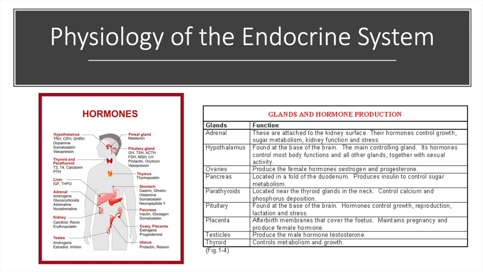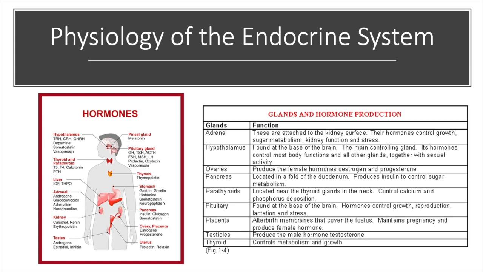The parathyroids, they sit right behind the thyroid gland. They are posterior to the thyroid gland, right in the neck, right there by the windpipe or the trachea. And they control calcium and phosphorus deposits. Then we have the pituitary gland that is found at the base of the brain, helps control growth, development, reproduction, lactation, and stress.